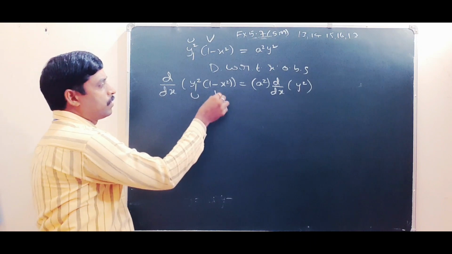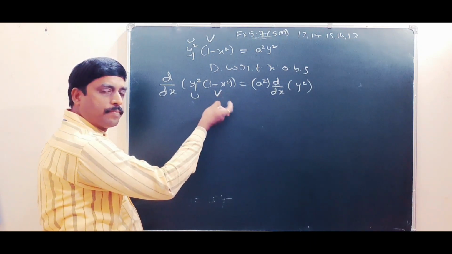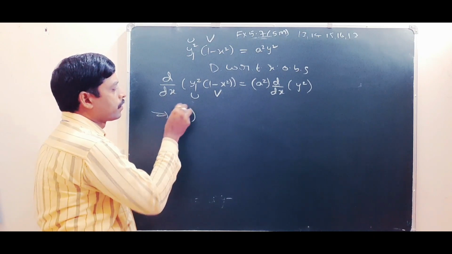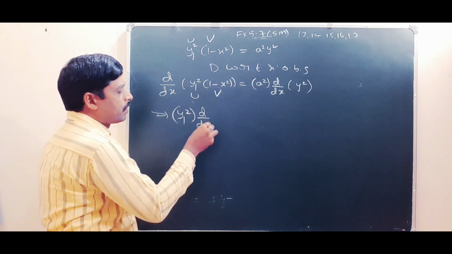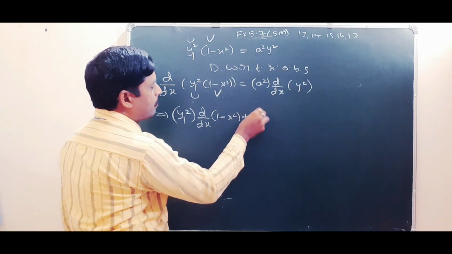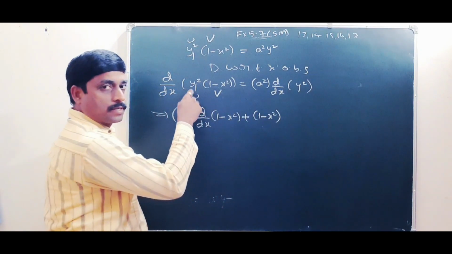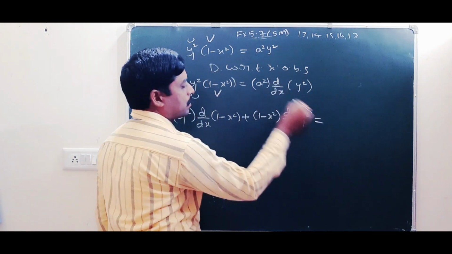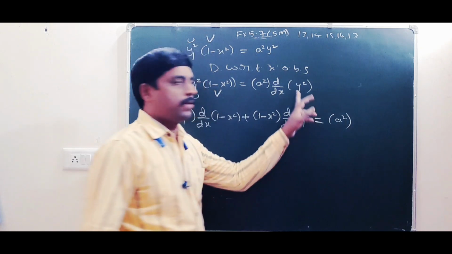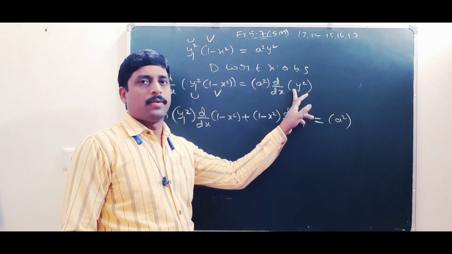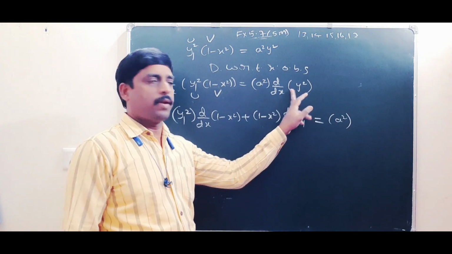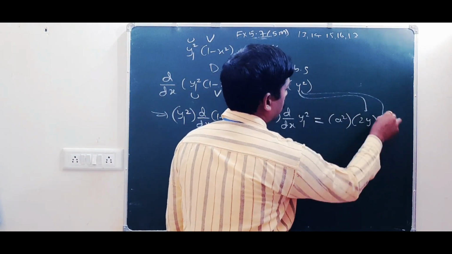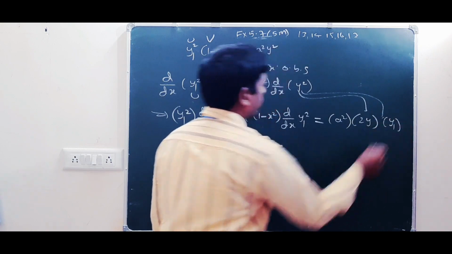So what is the UV formula? U into differentiation of v plus v into differentiation of u. So y1 square into differentiation of 1 minus x square plus 1 minus x square into differentiation of y1 square. Okay, a square is constant. Differentiation of y square is 2y, but y differentiation is y1 by using chain rule.